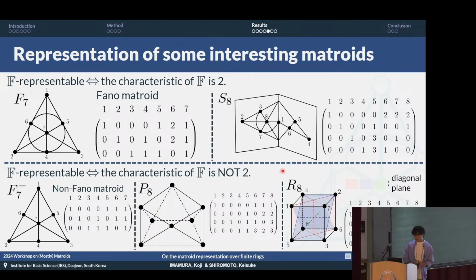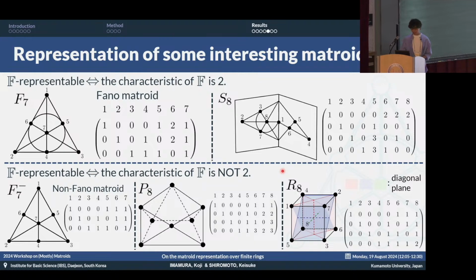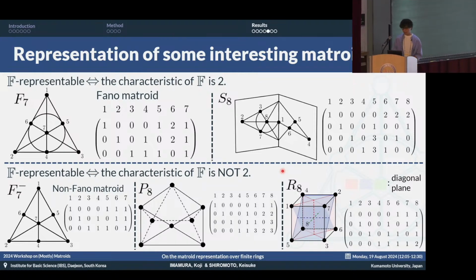Okay, finally, I will finish my talk with some examples of some interesting representations over Z4. So the 2 matroids above, F7 and S8, are known to be F-representable if and only if the characteristic of F is 2. On the other hand, the 3 matroids below, F7 minus, P8 and R8, are known to be F-representable if and only if the characteristic of F is not 2.